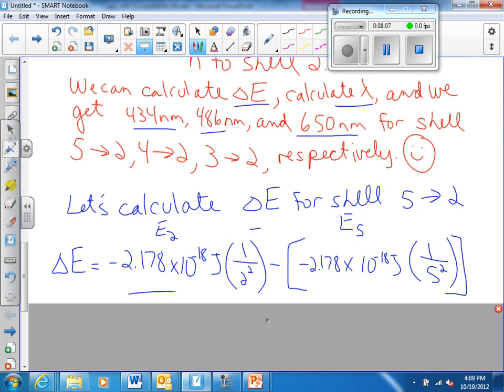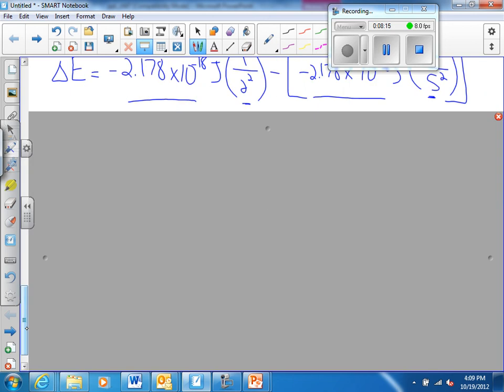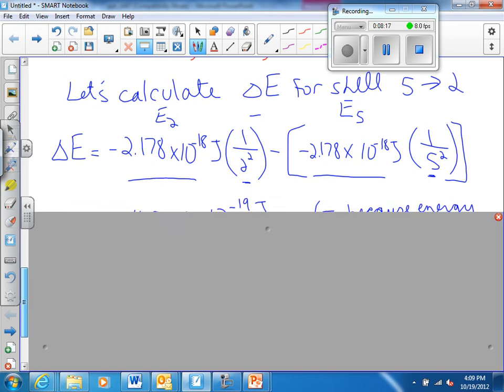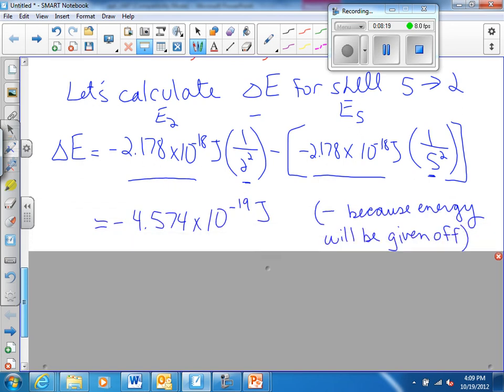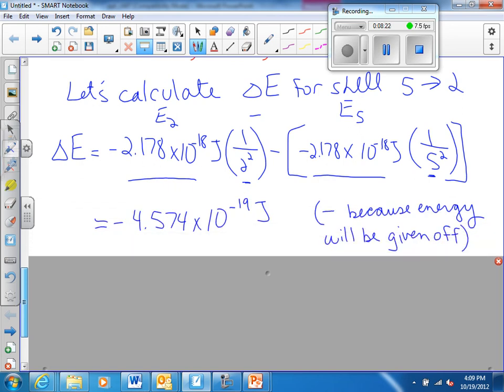E2 is just Rydberg's constant times 1 over 2 squared. E5 is Rydberg's constant times 1 over 5 squared. We calculate that out, and we get this number, negative 4.574 times 10 to the negative 19 joules. Doesn't seem very important right now, no big deal.